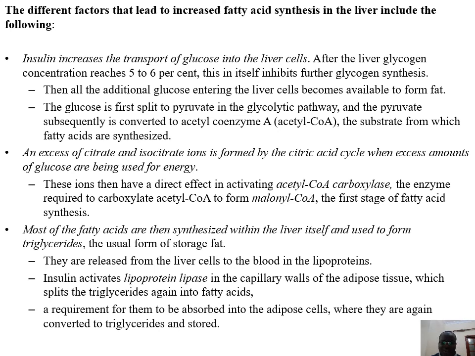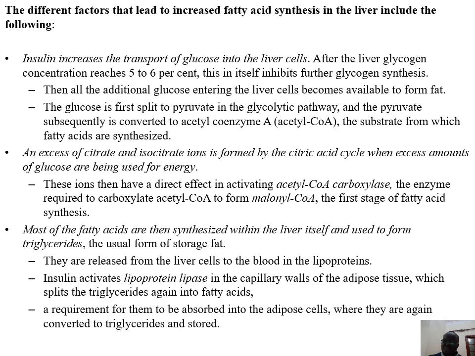They are released from the liver cells to the blood in the form of lipoproteins. Insulin activates lipoprotein lipase in the capillary walls of adipose tissue, which splits the triglycerides again into fatty acids, a requirement for them to be absorbed into the adipose tissue, where they are again converted into triglycerides.